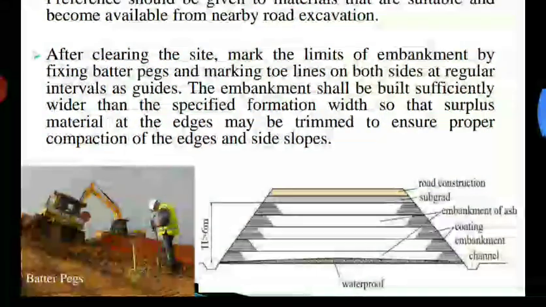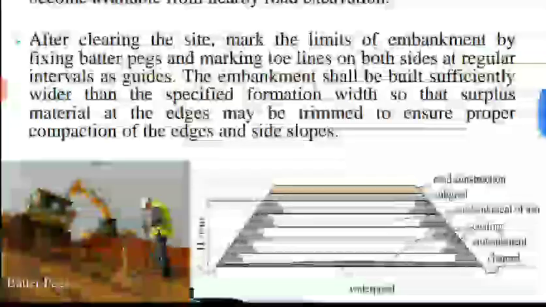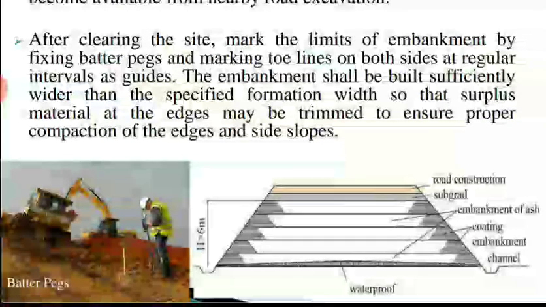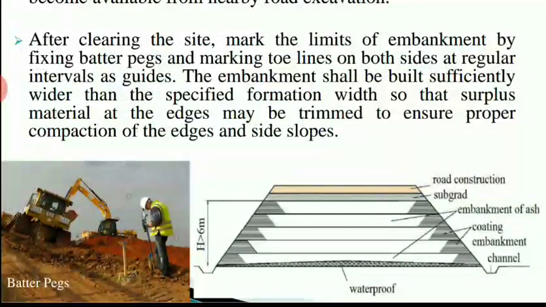And here, after providing this specified formation width, the surplus material, whatever additional material is there at the edges, can easily be trimmed off, because we don't know exactly at what height and at what slope we are going to construct that embankment, right?